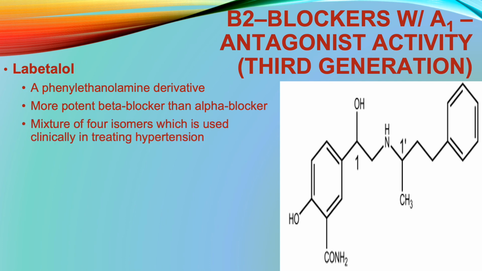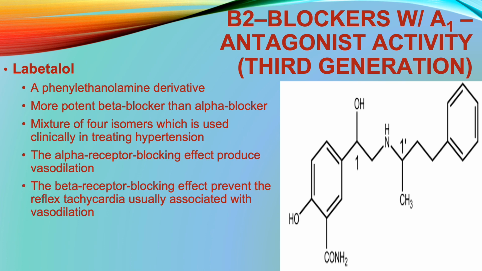It is a mixture of 4 isomers which is used clinically in treating hypertension, and it can also produce vasodilation. The beta receptor blocking effect prevents the reflex tachycardia usually associated with vasodilation. And labetalol is well absorbed because of its structure.